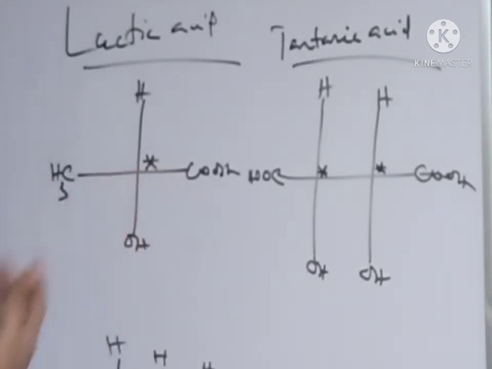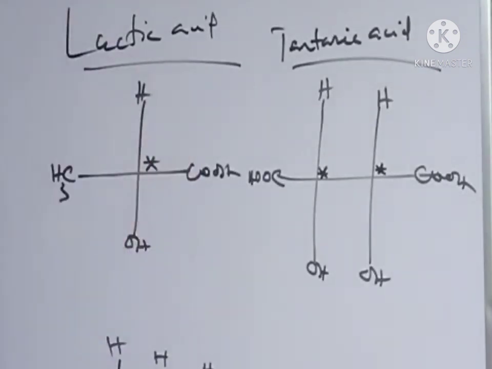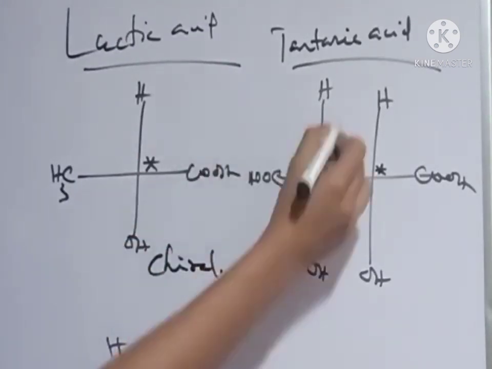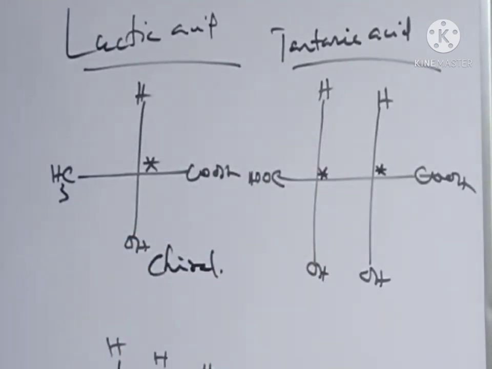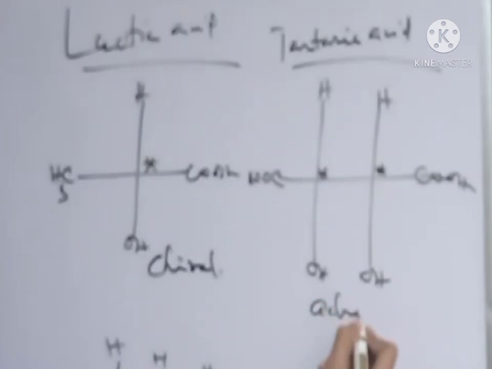For example, this molecule, lactic acid, contains one stereogenic center, and it is asymmetric and it is a chiral molecule. But in the case of tartaric acid, even though 2 stereogenic centers are there, it is achiral.